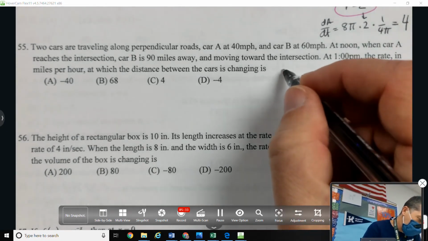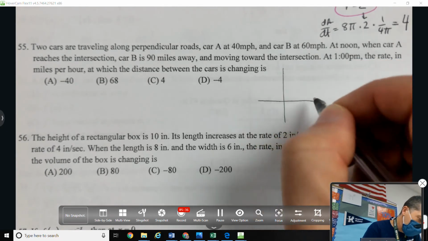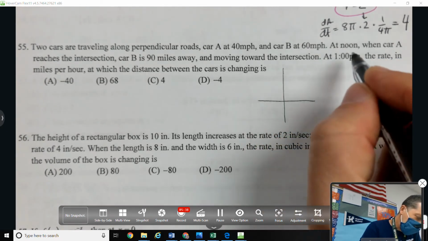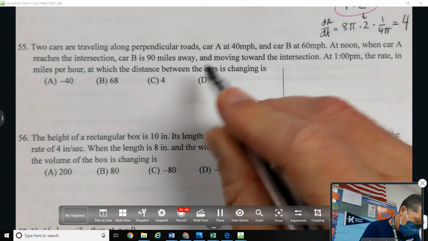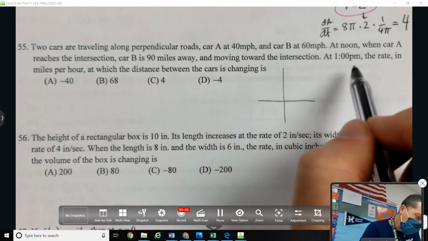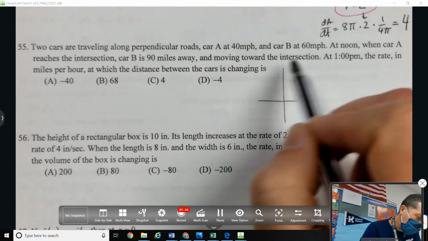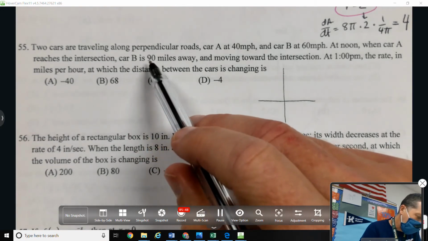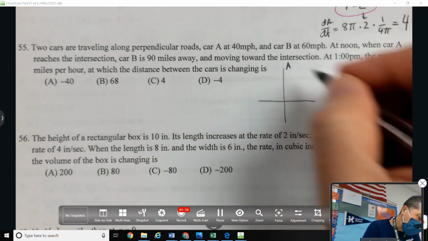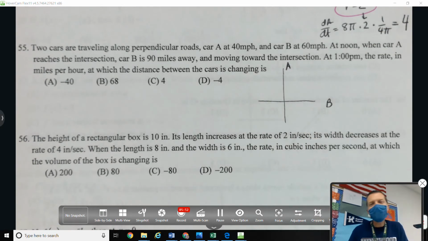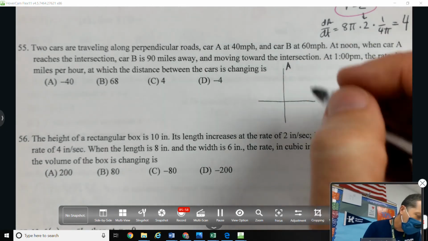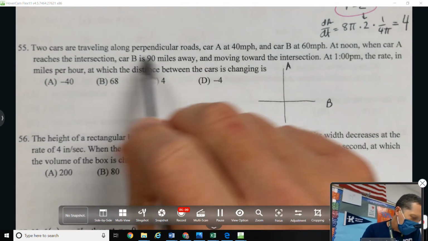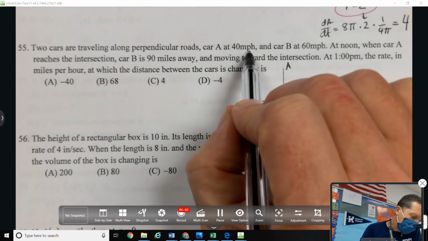Let's see here. We want to know at 1 p.m. though. So at noon, car B is 90 miles away. It doesn't say northeast, southwest on here, so I'm guessing it doesn't matter as far as the distance. We'll just pick one. So car A is going 40 miles an hour.